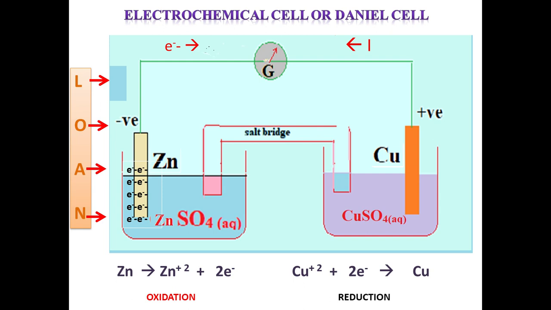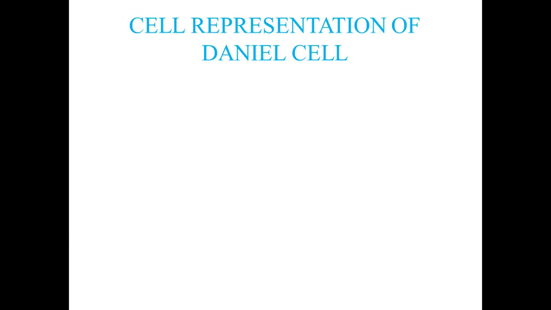Now we talk about cell representation. It is not convenient to draw this Daniell cell again and again. So for our convenience, draw this Daniell cell in such a manner. First, you have to draw two vertical parallel lines that represent the salt bridge.